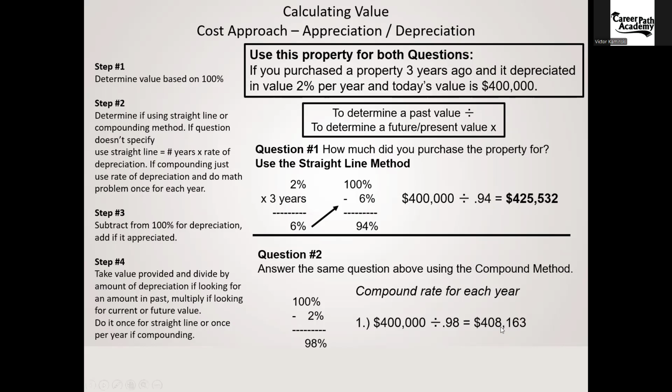Now you take this amount, divide it by 0.98. Then you take this amount, divide it by 0.98 again, or 98%, and that would be the answer: 424,993 in compounding.